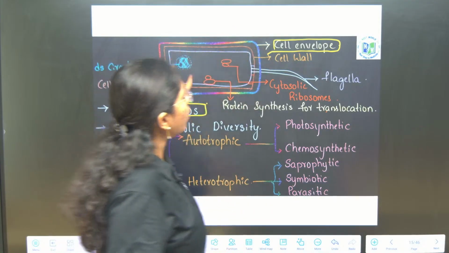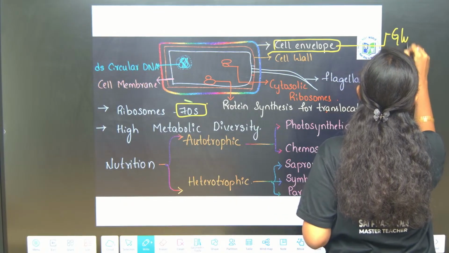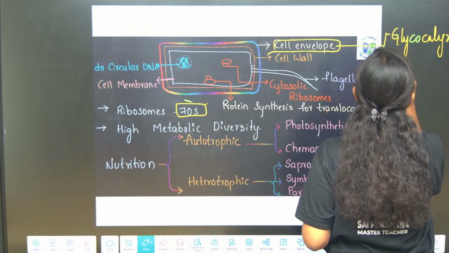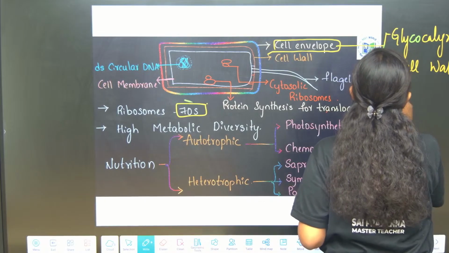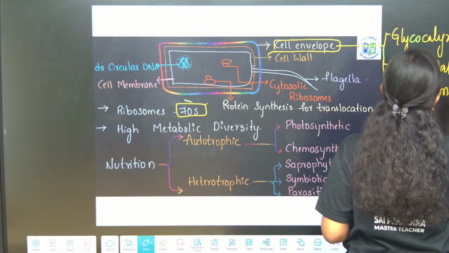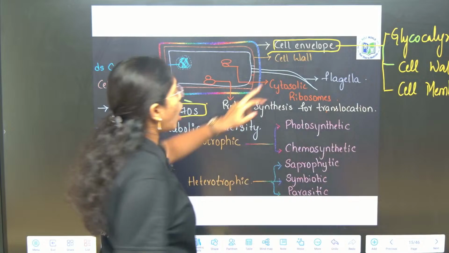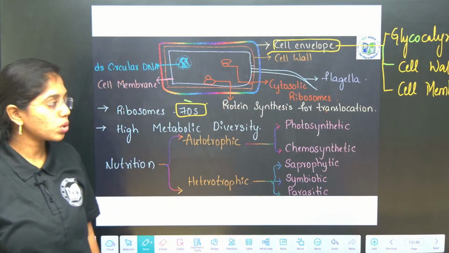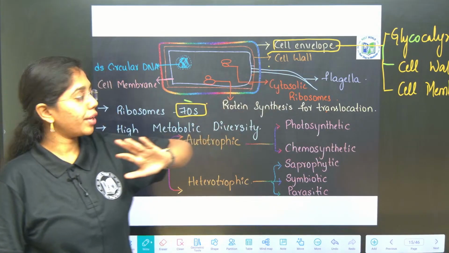The cell membrane has some extensions called mesosomes, which I will highlight in cell biology, and the cell wall composition you already know.